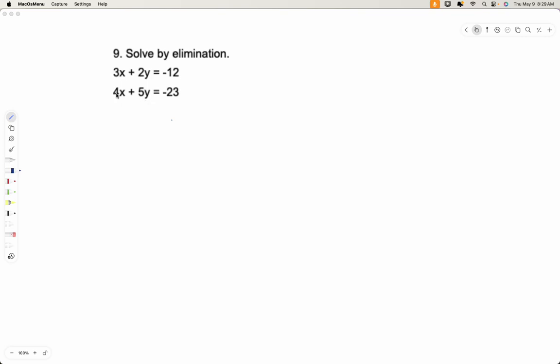So I'm going to pick 3 and 4. I'm going to pick the x terms. And I'm going to do this one negative. So I'm going to multiply by the opposite x term, and this will be a -4. I'm going to multiply this by +3, because I need this to be a negative, I need this to be a positive, so that I can cancel them out.